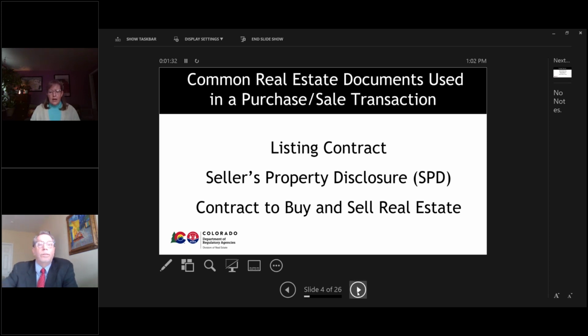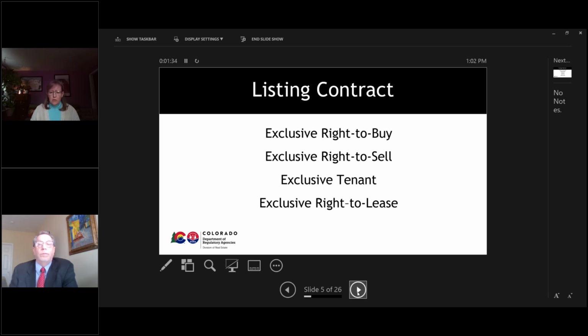But before I start going into those, just to give you an explanation, the Real Estate Commission promulgates contract forms and disclosure forms for licensed real estate brokers to use when they are performing their license duties with consumers. So these forms are really geared for the brokers to be using.